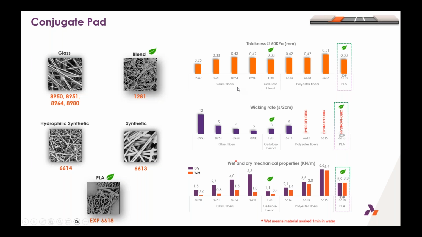It depends on the type of antibody, buffer, analytes, labels, and others. The range of thickness for these pads is narrower. Glass and synthetics are quite famous. Less known are blends or even PLA, like the grade 6618. Both are more sustainable than glass and synthetic materials.